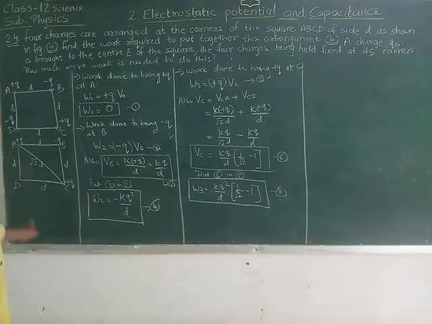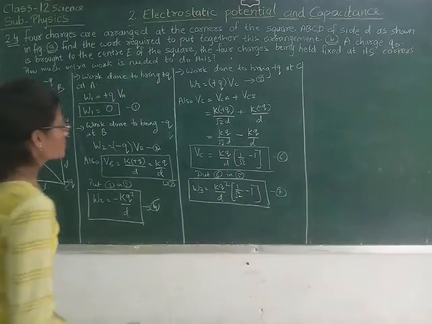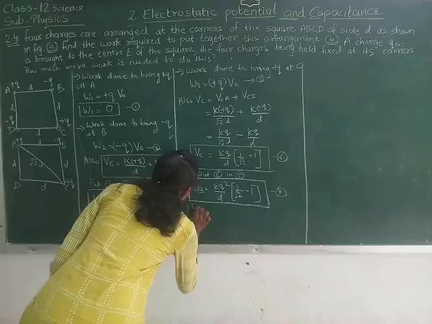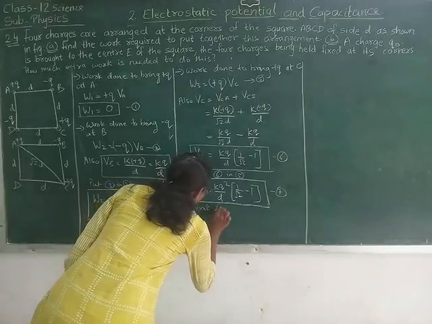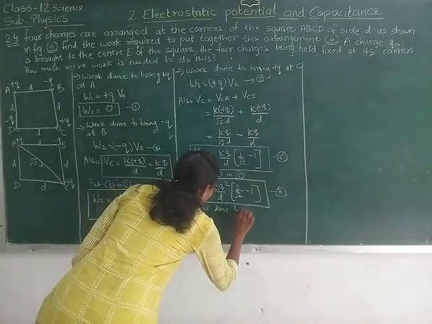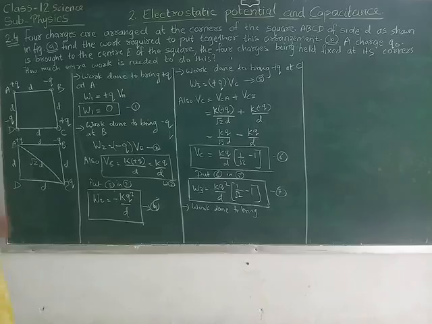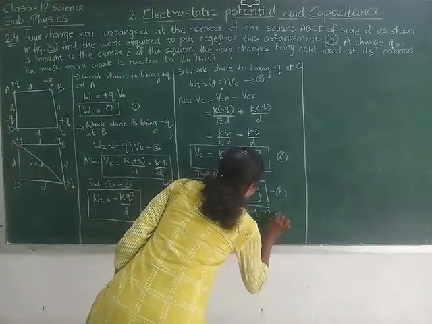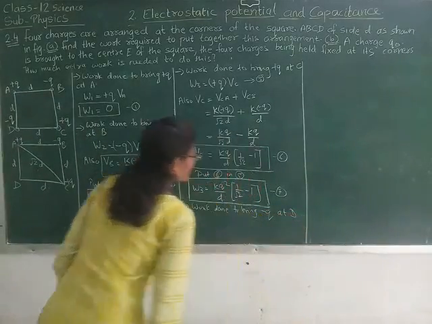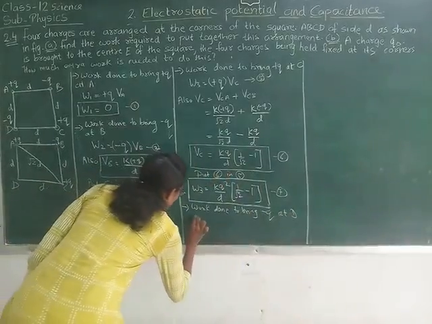Now we need to place the last charge, that is minus q, at this corner B. So work done to bring, which charge we need to bring? We need to bring minus q at B. Let us denote that as W4.